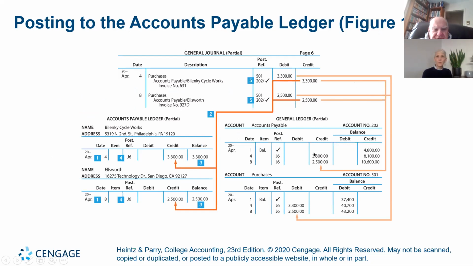We have to know who that customer is. And it looks to me like that's the balance. I'm sorry. 3,300 credit to accounts payable. Here it is. We're increasing the balance that we owe Belinsky or Belinky CycleWorks, 2,500.